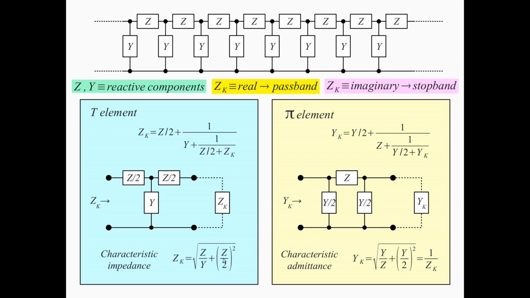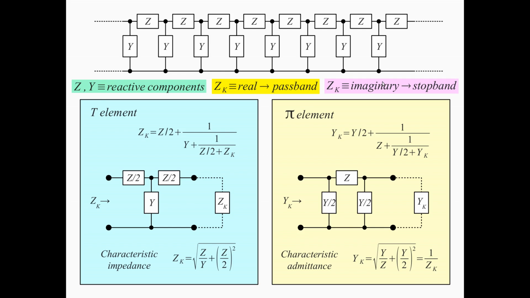So when this is large, we have a real passband, like in the case of the transmission line. When this one turns large, we have the stopband. So transmission lines do not have a stopband because the components are infinitesimally small, while filters do have a stopband, and that's what we want from the filters.